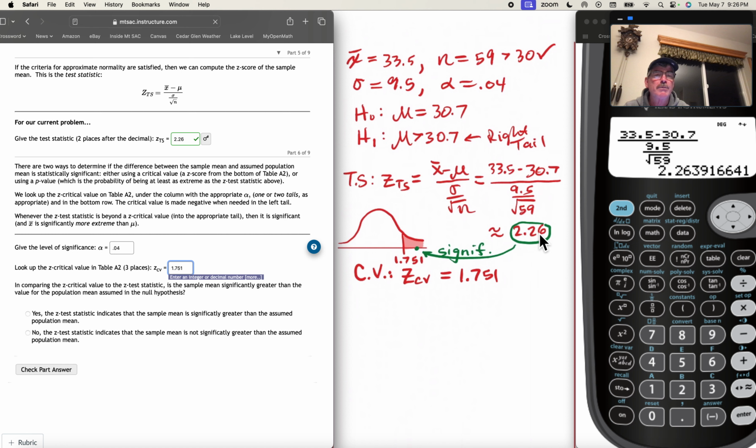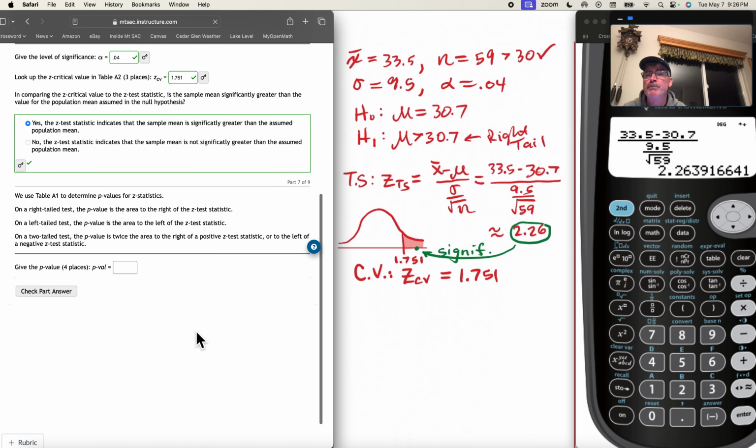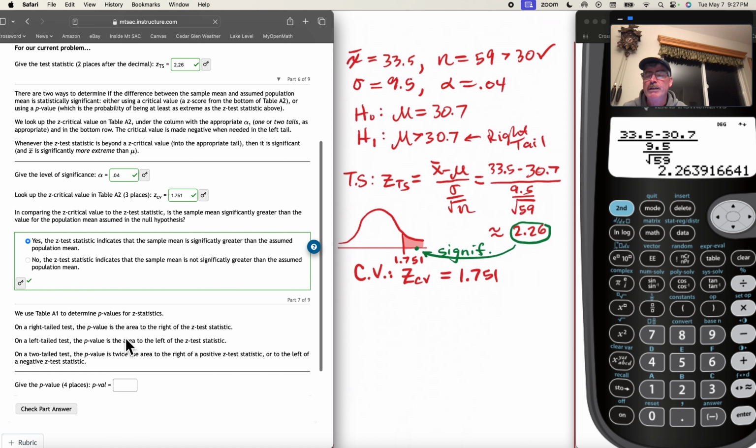And the statistic we decided is in the tail, so it is statistically significant. Yes, significantly greater than the assumed population mean. We're good to go here. Next is a p-value. So I'll do one more little bell curve.